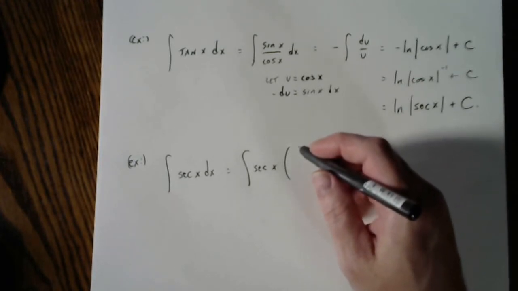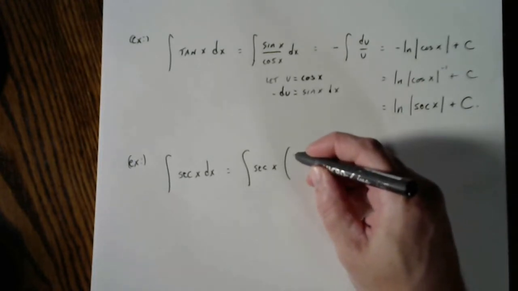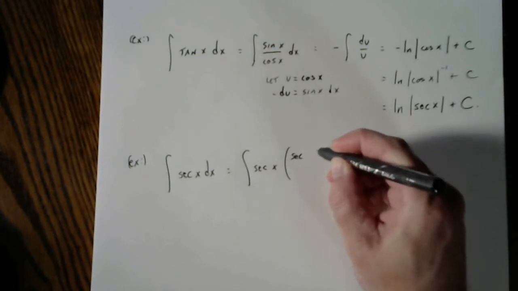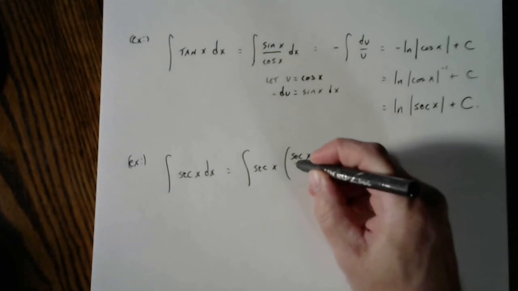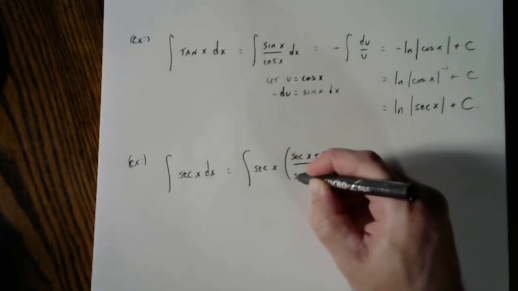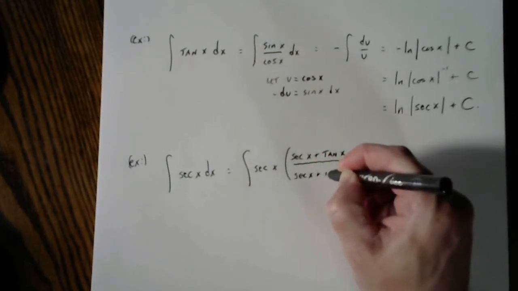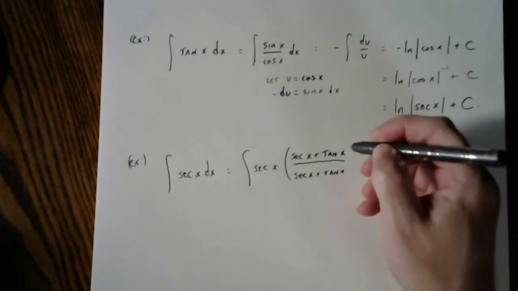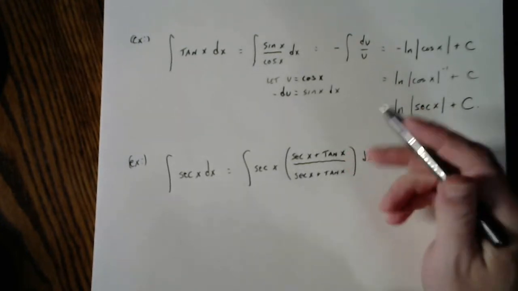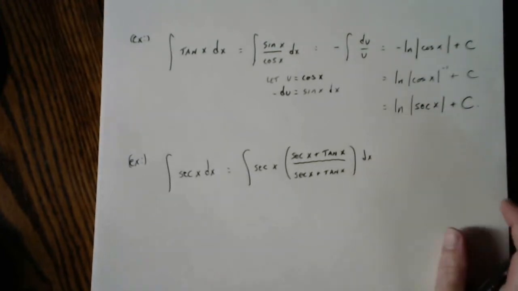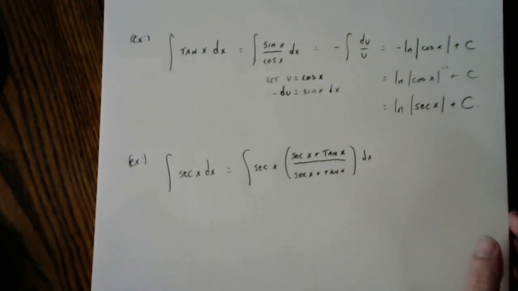What I'm going to do is multiply by a specific form of 1. Anything over itself is 1. And this is not something you would just do naturally. Like I said, you'd have to play around with this problem quite a bit.